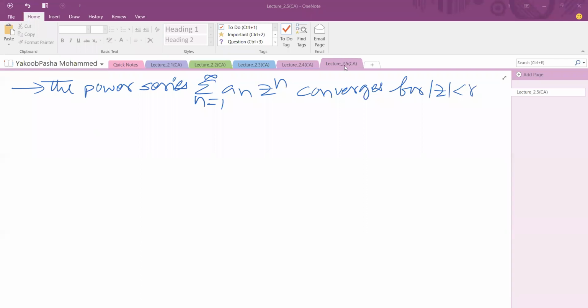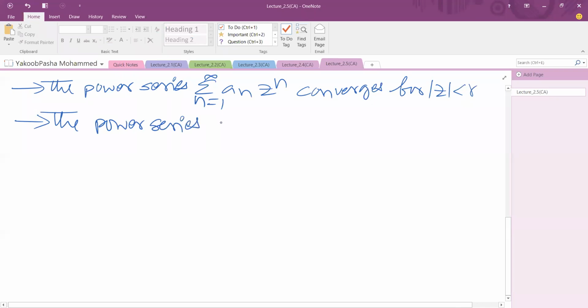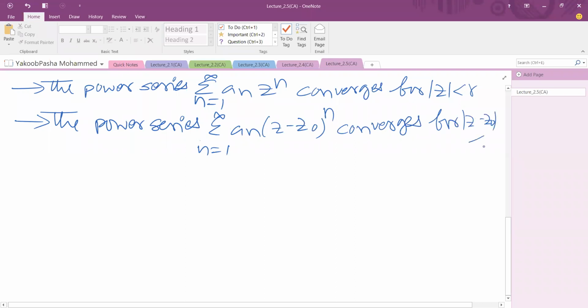Now the power series summation n equal to 1 to infinity a_n (z - z_0)^n converges for modulus of z minus z_0 less than R.